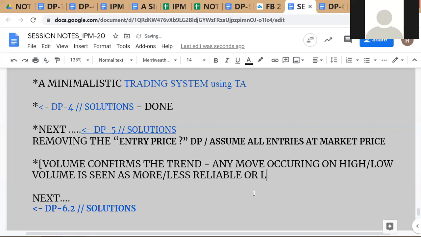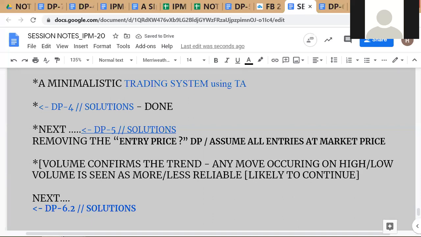By reliable, we mean likely to continue. That's what we say. This is the general principle.